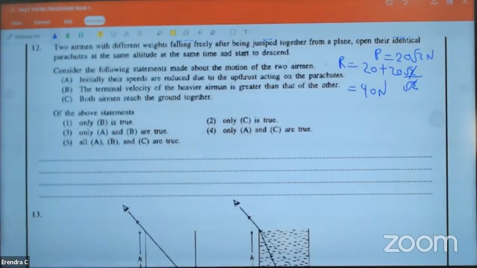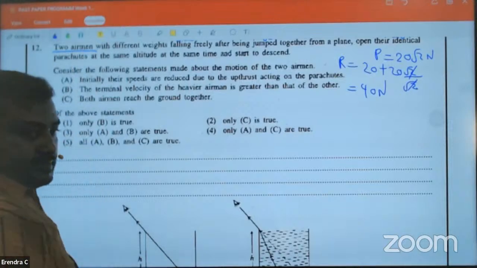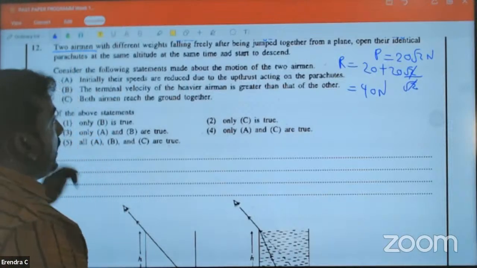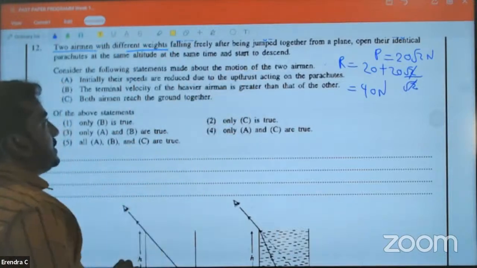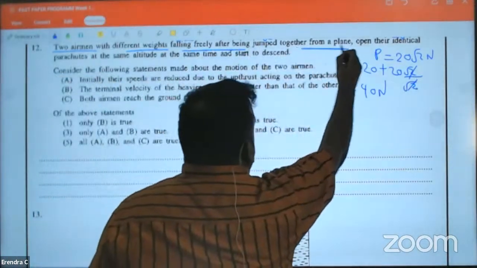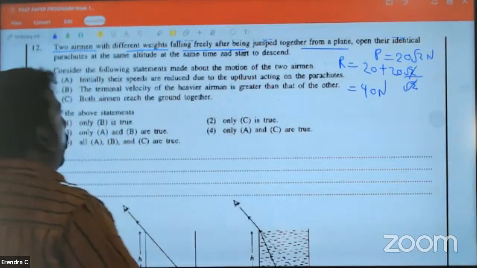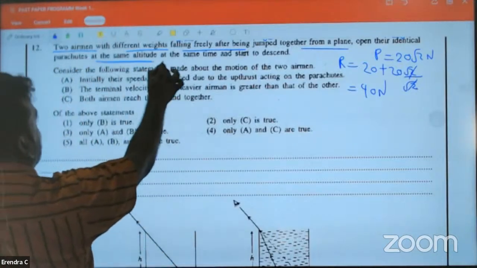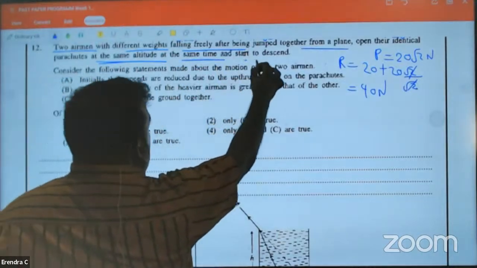Two airmen. Who is an airman? Air Force. Two airmen with different weights, different masses, are falling freely after jumping out of a plane, maybe for an Independence Day celebration. They open their parachutes at the same altitude, at the same time, and start to descend.